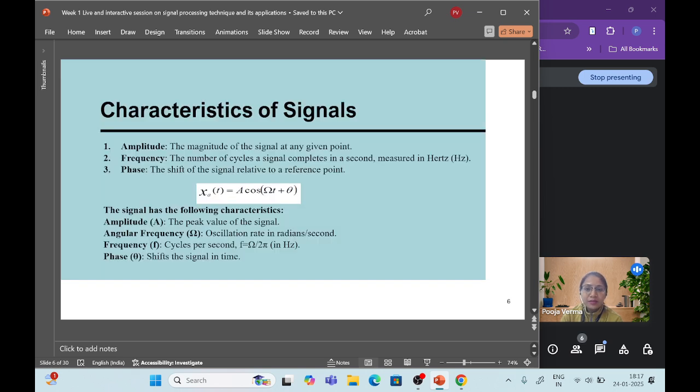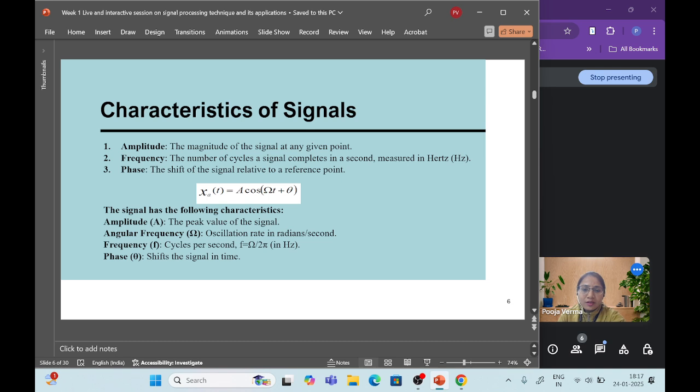Now next one is the characteristics of a signal. What are the different characteristics of signals? The three main fundamental characteristics of a signal are amplitude, frequency and phase. Amplitude is the magnitude of a signal at any given point of time.